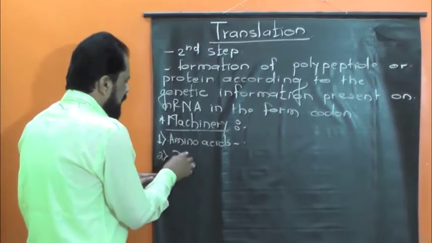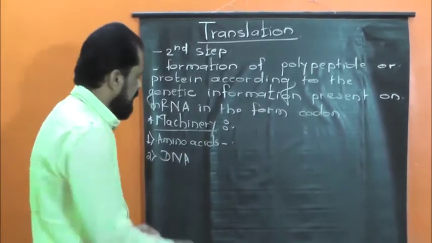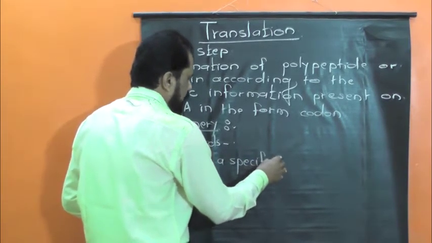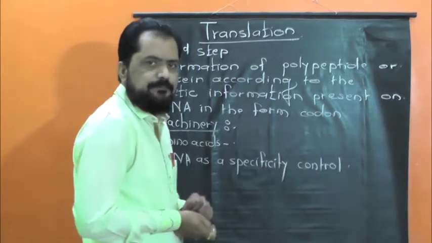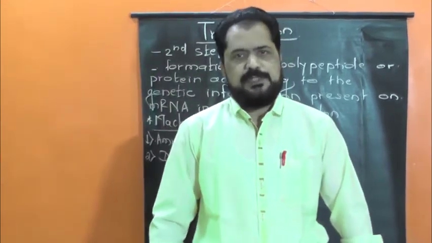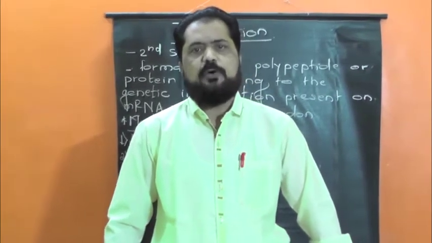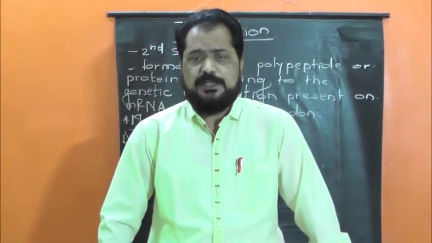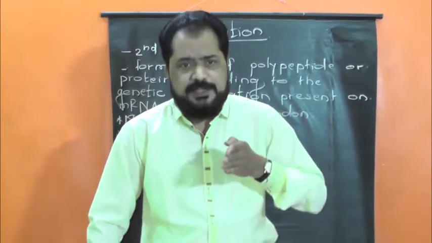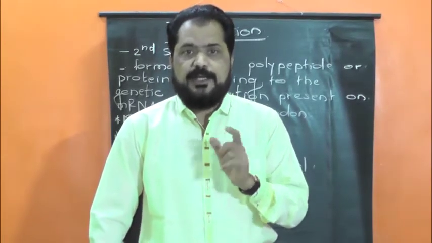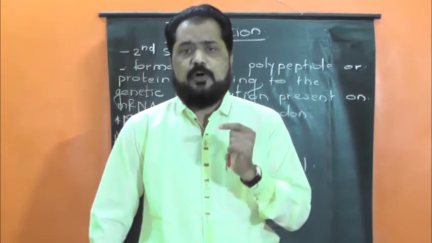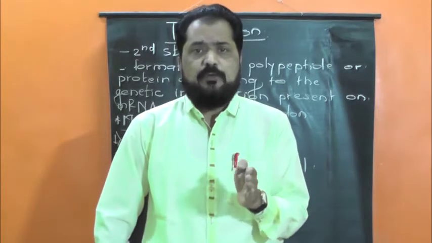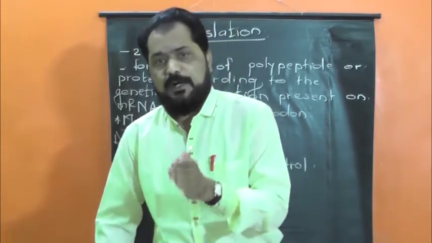Second, DNA. DNA acts as a specificity control. The process of protein synthesis, the process of translation, is highly complicated, and the genetic information present on the DNA in code language directs or guides the actual mechanism of synthesis of protein having the particular number and particular sequence of amino acids.